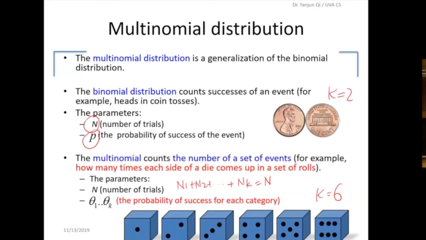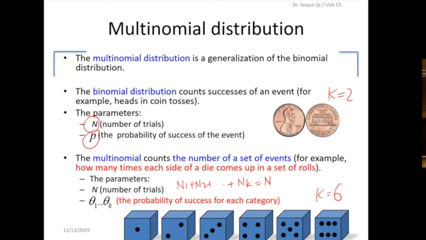Then you extend this into the multinomial distribution by allowing not just 2 events, but k events. In this case, rolling a die has 6 events. In our case, our dictionary is much larger, and for each possible elementary event, you count the number of occurrences, and this is what you're observing.